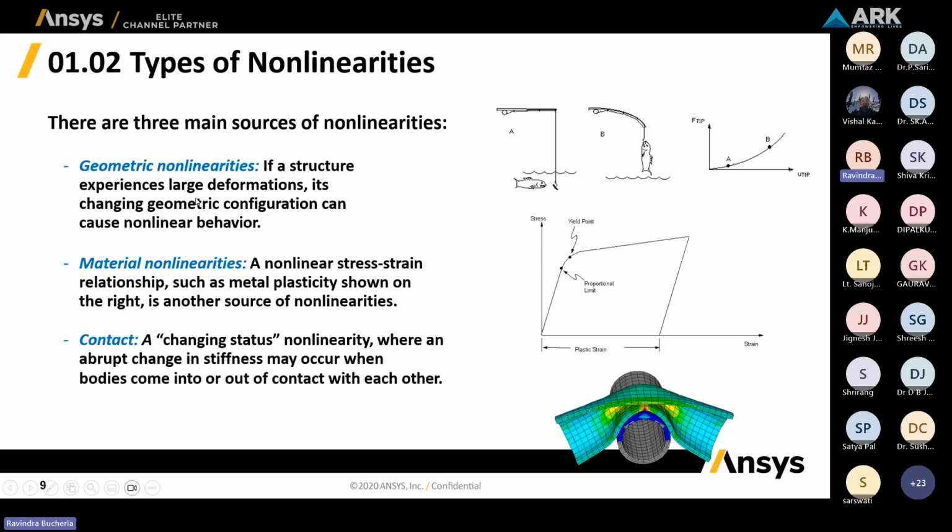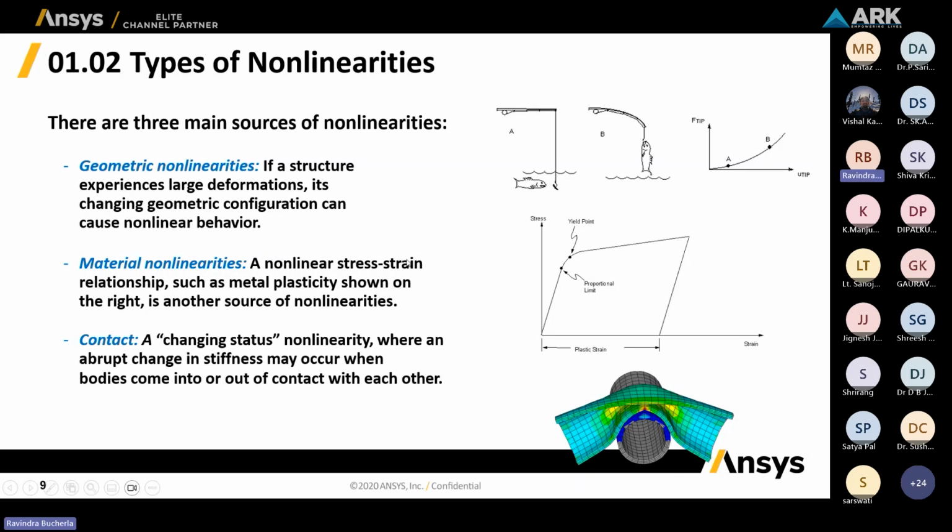And another type of nonlinearity that we have is material nonlinearity. Whenever we apply any external load, and if the deformations in our structure are below the elastic limit, like the stress or strain that we are experiencing in our model is below the elastic limit, then obviously that is a linear problem.